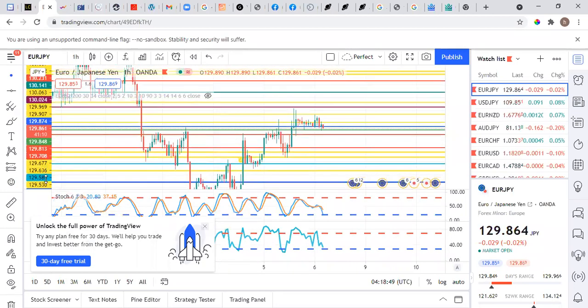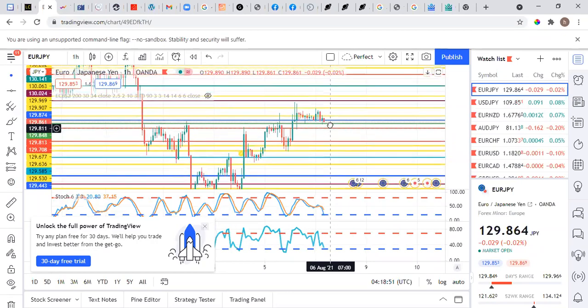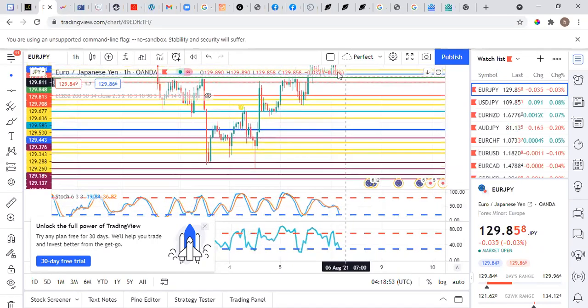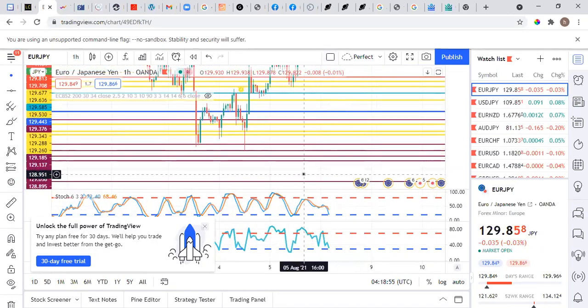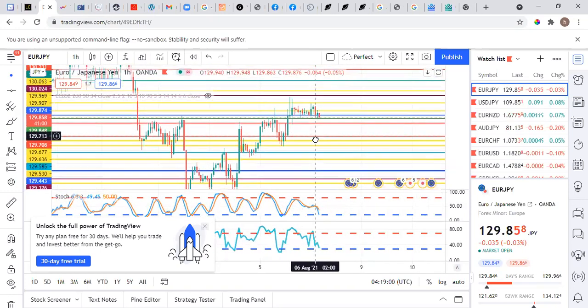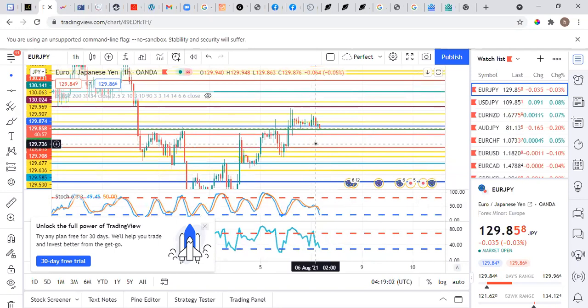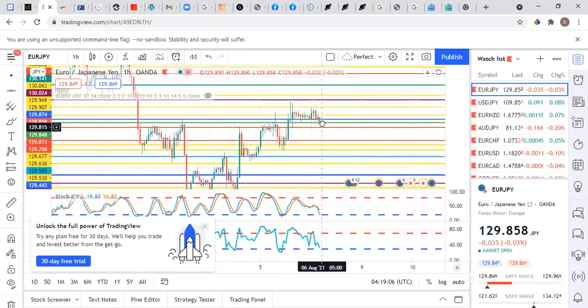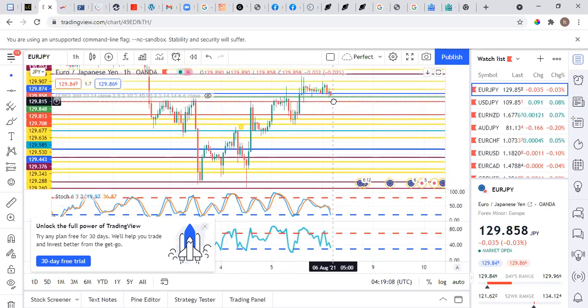This is the hourly. Wow, I've drawn so many lines in this. See the lines I've drawn. So sometimes I don't have to draw these lines again because once I draw them, in future you see that they still work.